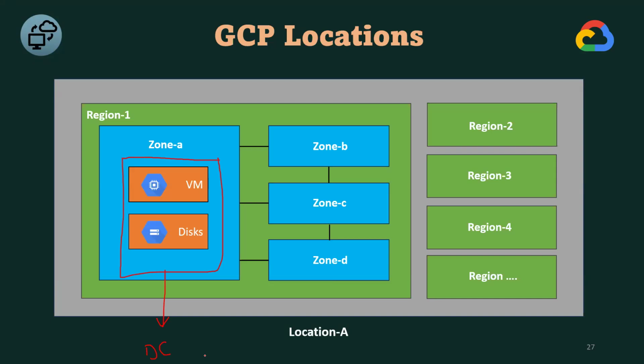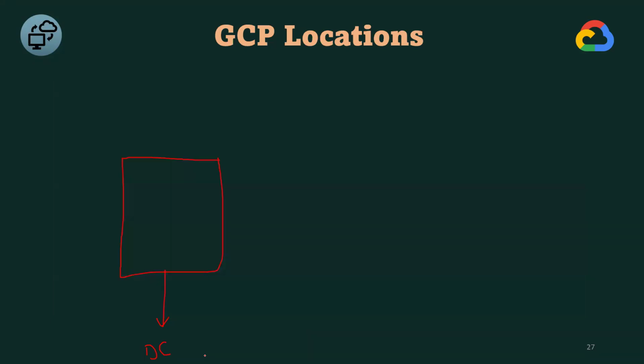Each zone will have a data center. In the data center, we will have 2 types of resources: one is physical resources, one more is virtual resources. That is how each zone has the resources, or nothing but services, or you can also call it the infrastructure. Okay, so that is how the resources are divided, guys.